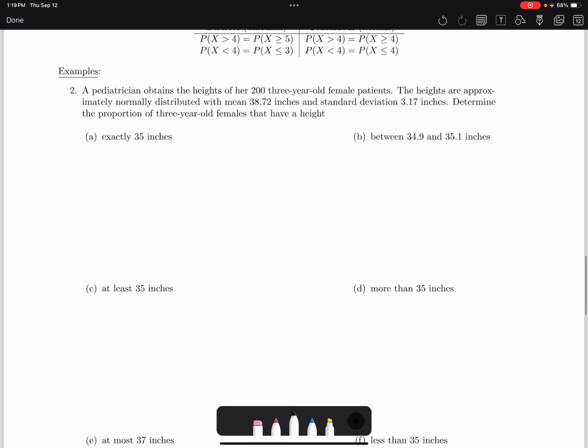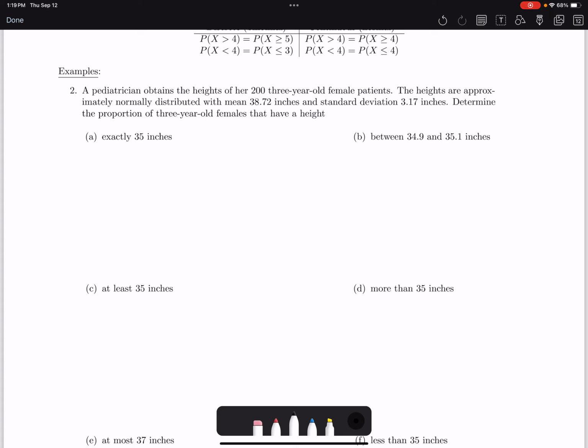Number 2 here says, a pediatrician obtains the heights of her 3-year-old female patients. The heights are approximately normally distributed, with mean 38.72 inches and standard deviation 3.17 inches. Determine the proportion of 3-year-old females that have a height, and then we're going to look at a whole bunch of different scenarios. In part A, we want the proportion of 3-year-old females that have a height of exactly 35 inches.